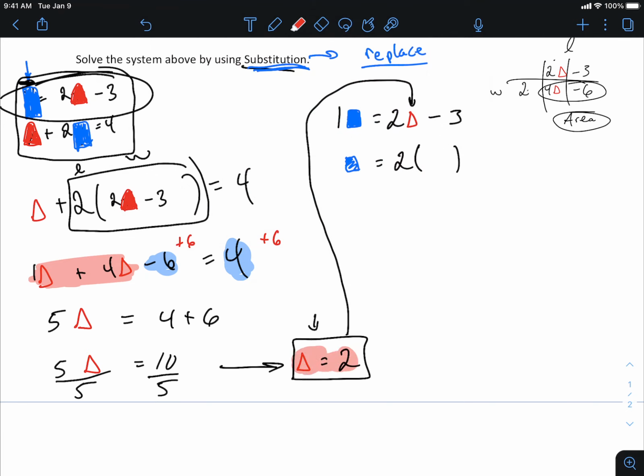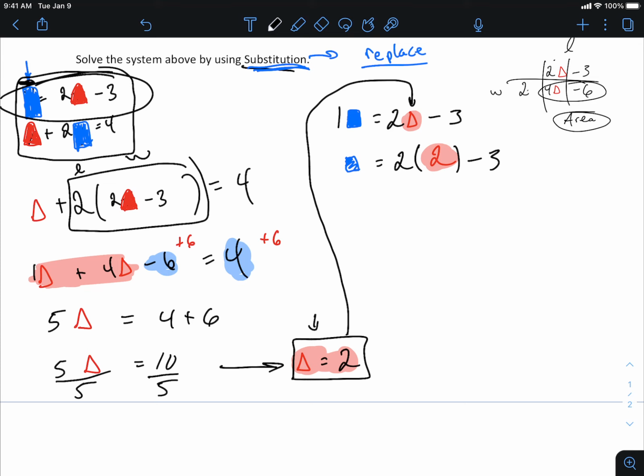A red triangle is worth 2. So you're going to replace it right there. Times 2. And then you're going to go minus 3. And you just do the math, and it's going to tell you what a blue square is equal to.